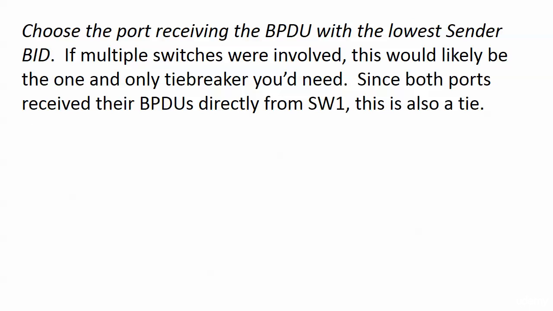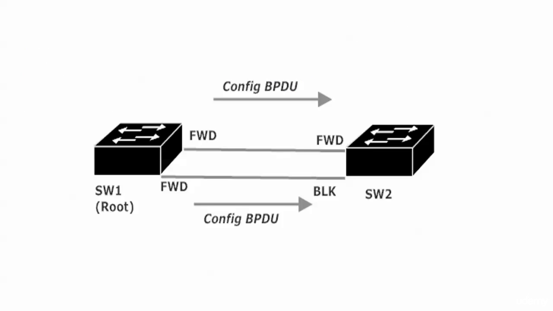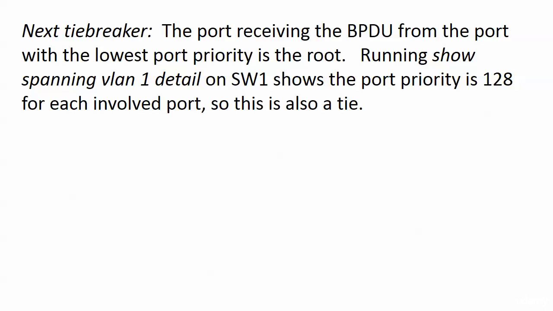Thing is, since they're both connected to switch 1 and both ports are getting BPDUs directly from switch 1, this is a tie because, of course, the sender BID is going to be the exact same value. So this is what we've got going on right now. We've got these config BPDUs coming across. We still need a tiebreaker to pick the root. Now, take a deep breath.